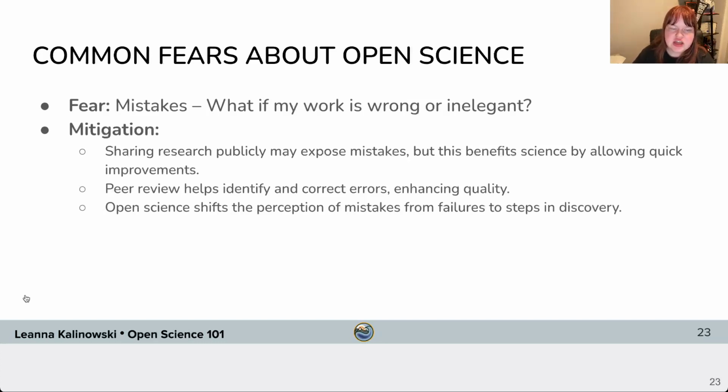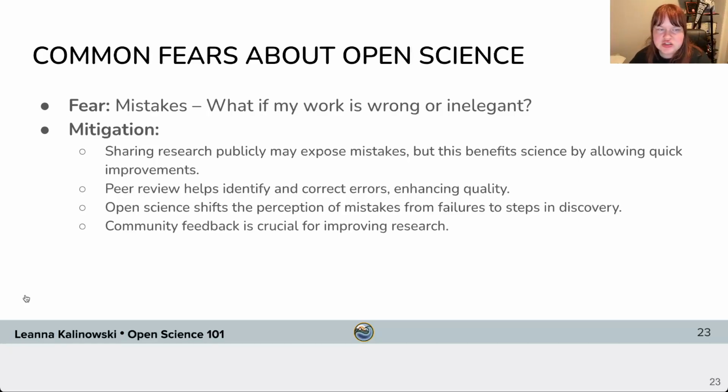And I think open science helps shift the perception of mistakes from failures to steps in discovery, which I think is a really important mindset to have related to this. It's really just good to think about fixing your work and the impact that can have on science and society. And then just in general, community feedback is crucial for improving research.